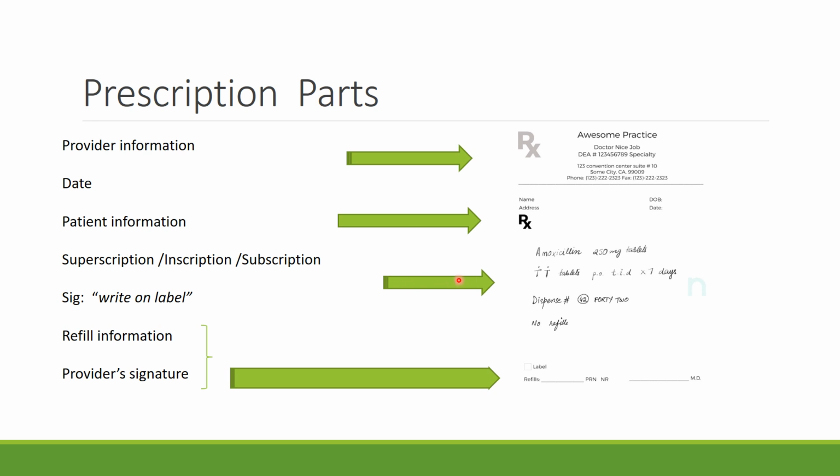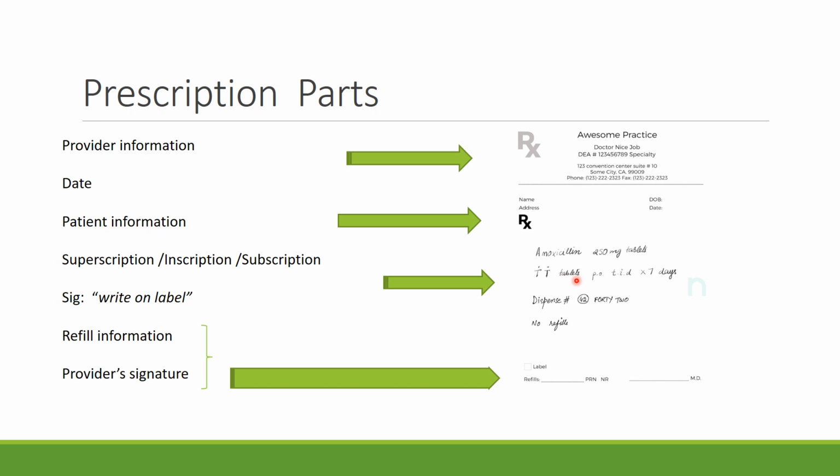Next, it will tell you what it is that they're ordering. It's amoxicillin, which is the medicine that you're ordering. The strength is 250 milligram tablets. Sometimes the prescription will have this instruction, which says SIG, which means label it like this, basically. So often right here you would see that written SIG.